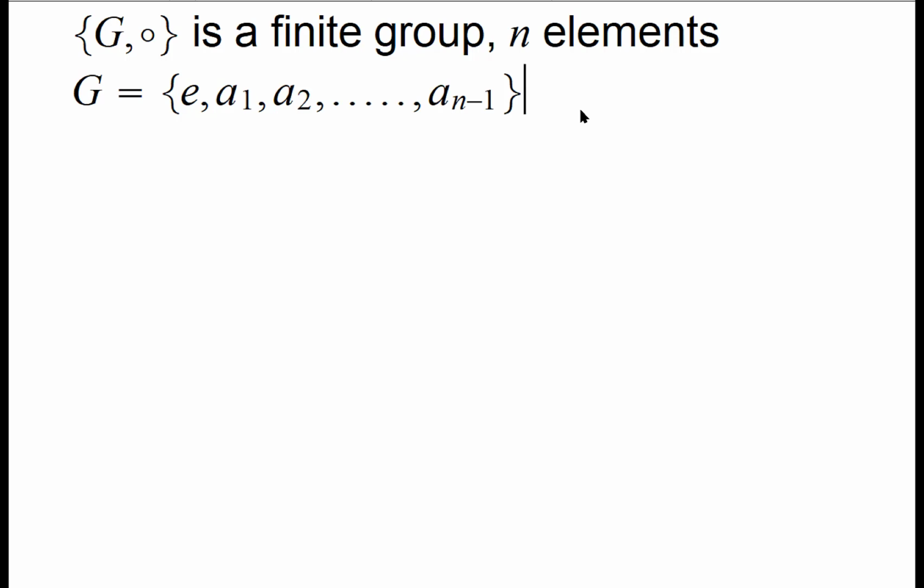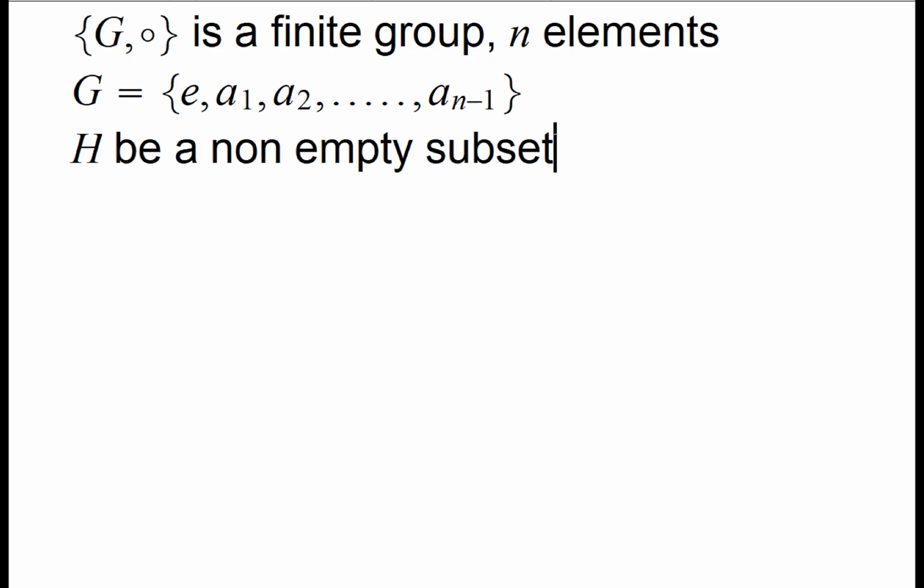Now I went off the screen and just completed writing this. So it has n elements and I have listed them like this because you saw first I wrote E, because E will be in the group, and the remaining n minus 1 elements, I wrote them like this. Now let H be a non-empty subset.